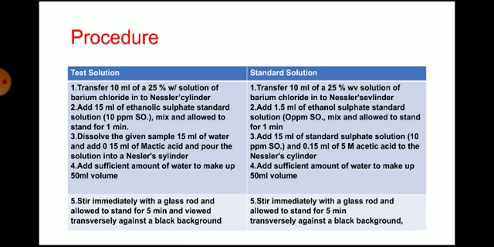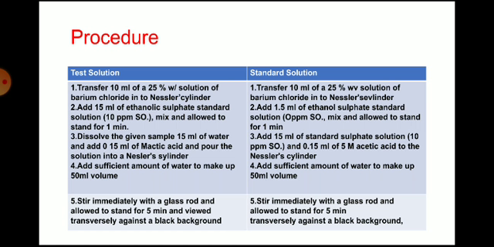The procedure is to make a test and a standard solution. In the test, add 10 ml of 25% solution of barium chloride, and the ethanolic sulfate standard solution. Both are mixed properly and allowed to stand for 1 minute.